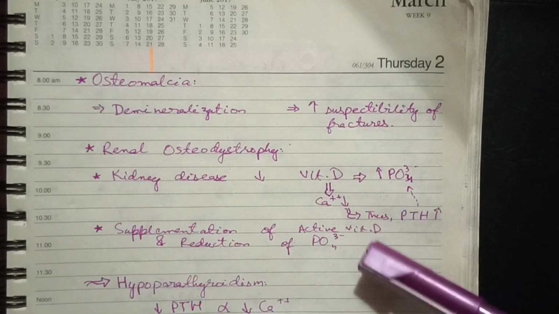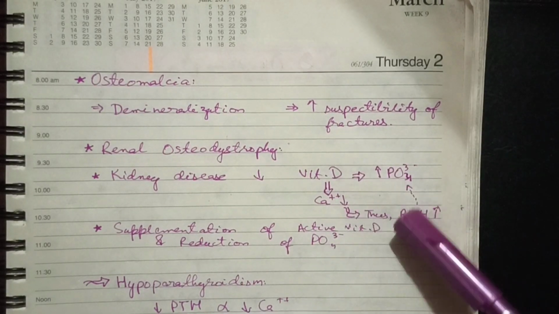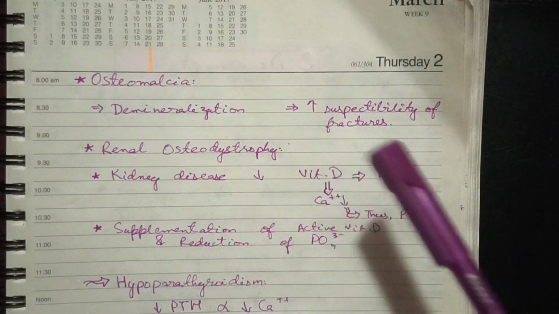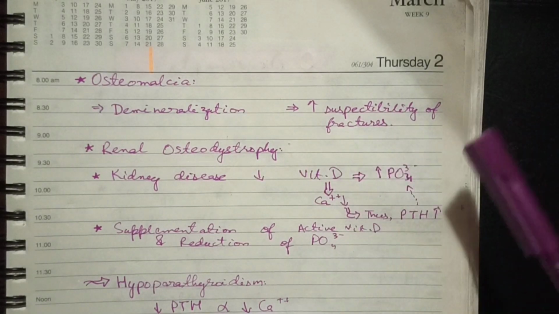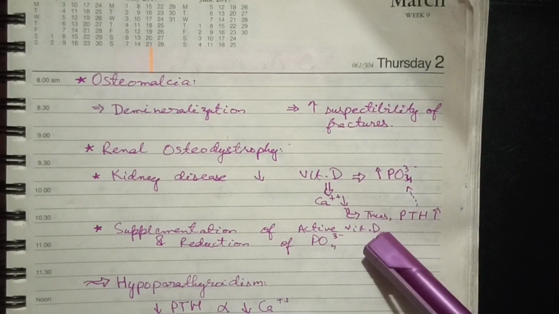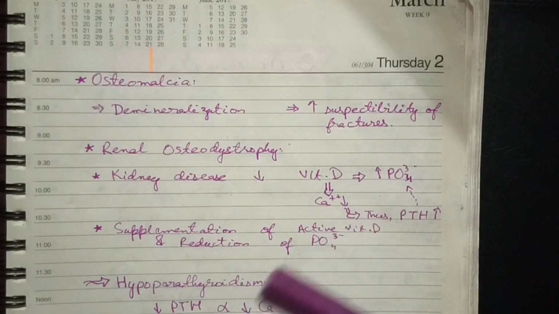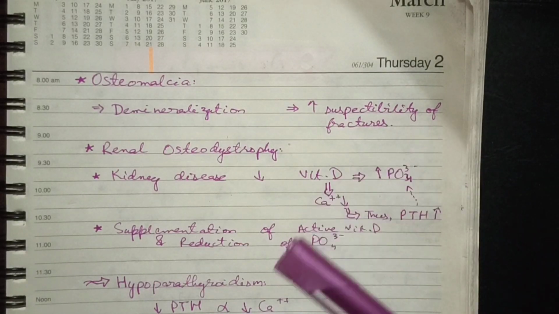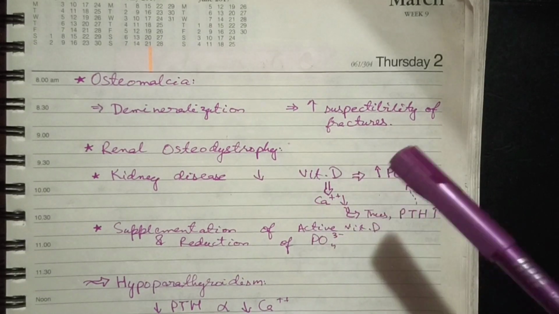It will lead to demineralization of bone to compensate for the decreased calcium. And of course the kidney is diseased, so phosphate won't be excreted as much as it should be, and the demineralization is more and the excretion is less, so there will be a higher phosphate level. So in a patient of renal osteodystrophy, what we have to do is give them the activated form of vitamin D and also control the phosphate.